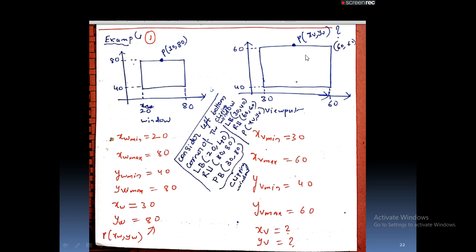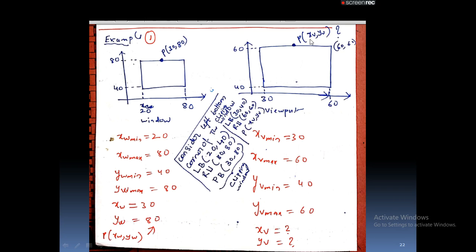Assume there is a point P at 30 comma 80 in the clipping window. Now we need to determine where this point has to be displayed on the viewport. That corresponding position of the point P in the viewport is called xv and yv.